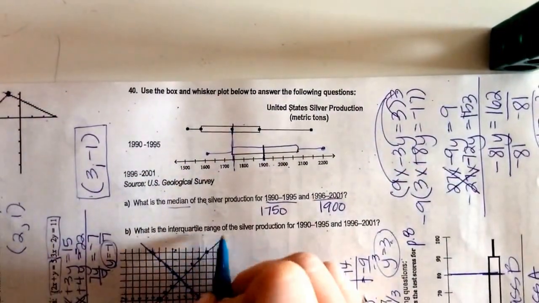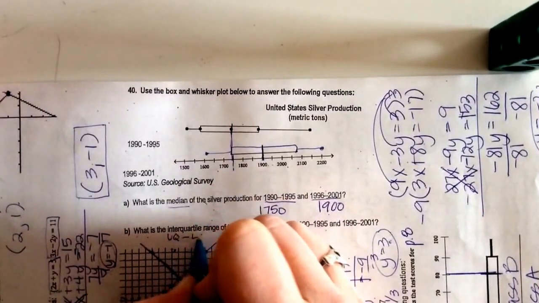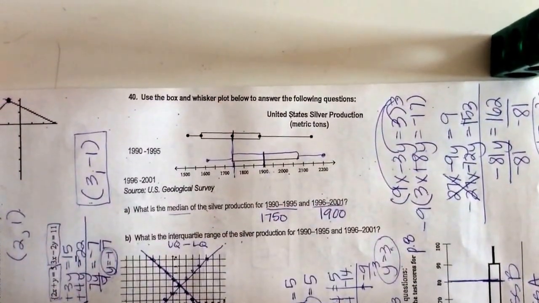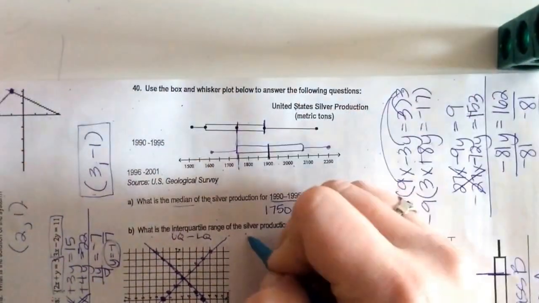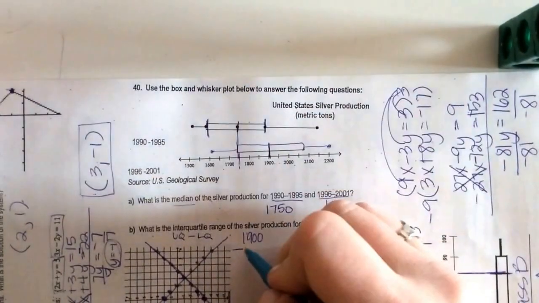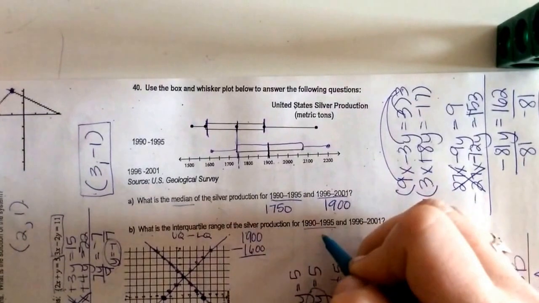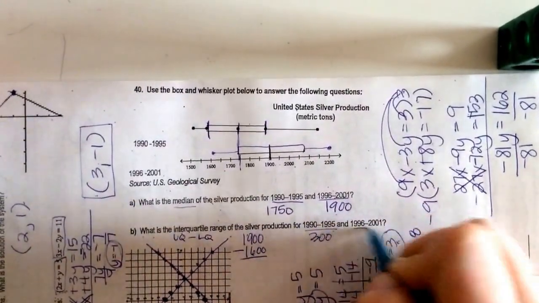What is the interquartile range? The IQR is the upper quartile minus the lower quartile. So if we estimate for 90 to 95, let's say it's probably 1900 minus 1600. So 1900 minus 1600 would be 300.